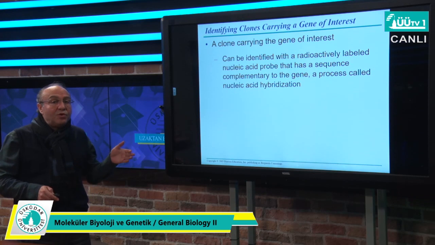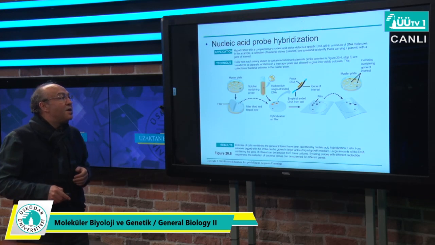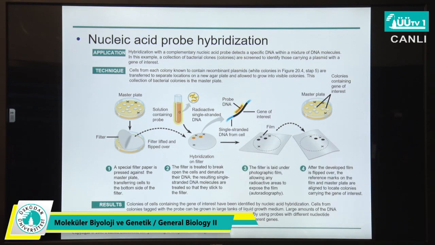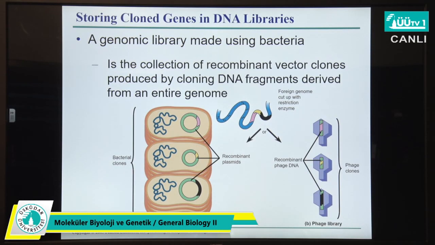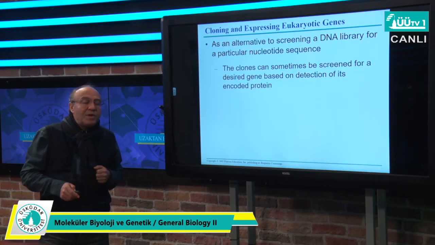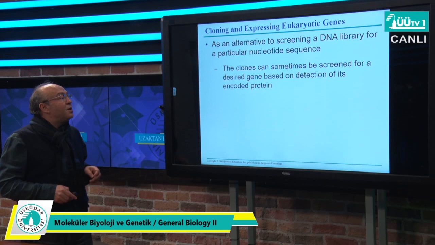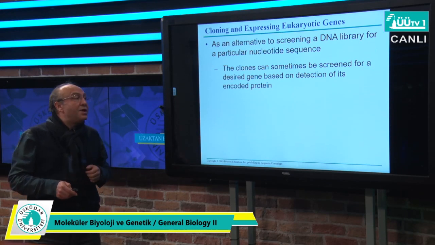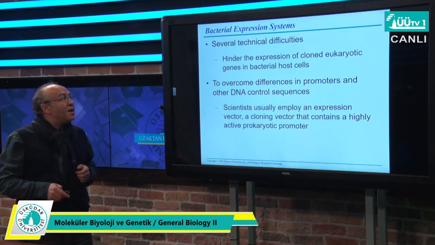How can we do that? We explained it in our previous course. And these are the techniques: storing the genes, making complementary DNA or cDNA, and cloning and expressing the eukaryotic genes, how to measure and how to detect these things.